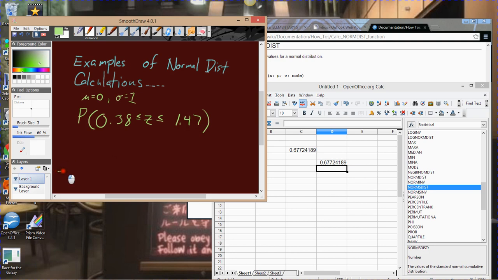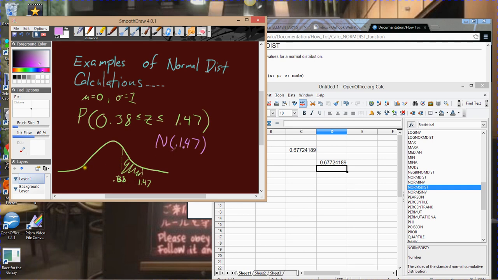If you draw a picture, here's 0.38, and here's 1.47. We want this area in the middle. Well, what we can do is if we did n of 1.47, wow, I cannot put my decimal place in the right spot today. You can see that.